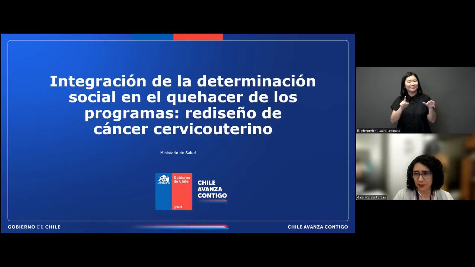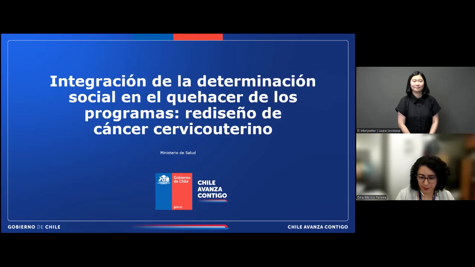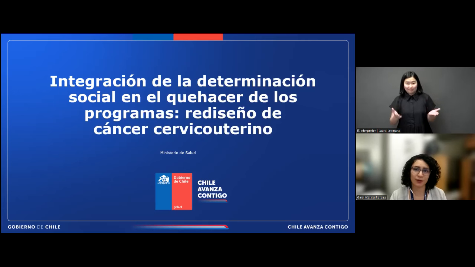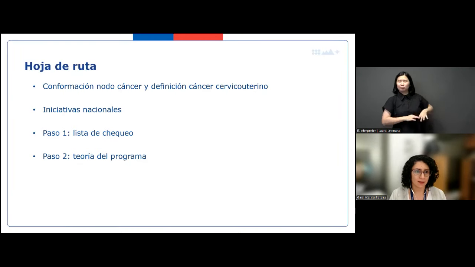I will be talking about the context of the social reform that we're having in Chile. How will we integrate our plans in the national areas? And we are redesigning the cervical uterus cancer programs. We'll be speaking about looking at other focuses that we've had in order to be able to eliminate and redesign the cervical cancer.